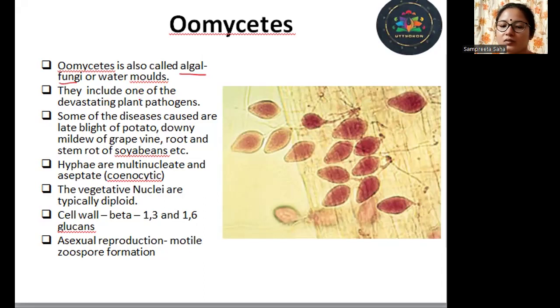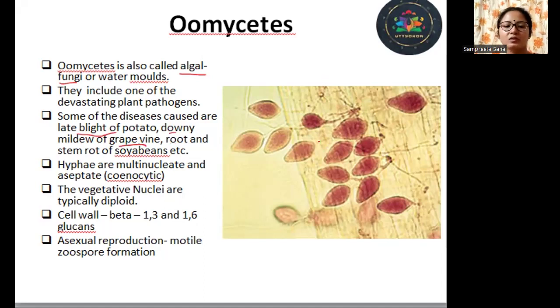Next, they include one of the devastating plant pathogens, Phytophthora group belongs to Oomycetes. They cause many plant diseases. Some of the diseases caused are late blight of potato, downy mildew of grapevine, root and stem rot of soybean.